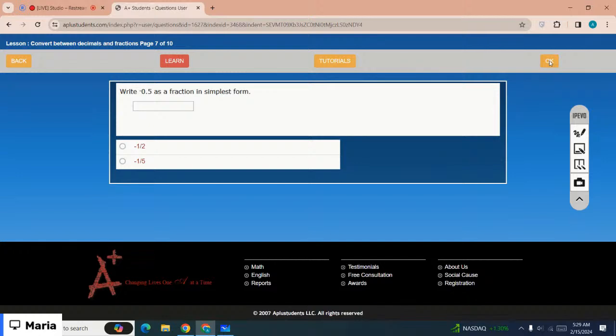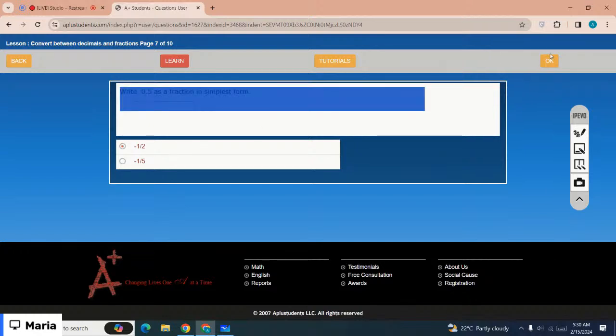The correct option is negative 1 over 2. Got it? That is negative 1 over 2. Okay, you can complete the lesson by yourself later today. Let me just move on to the next lesson.